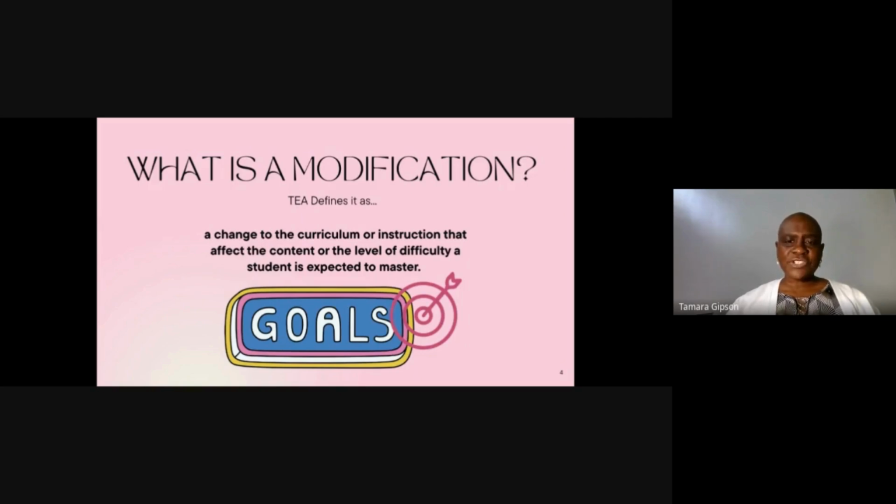That is a modification. And just for simplicity, it means that a student is not expected to achieve the same learning goals as their peers. I'll talk to you a little bit later about how that comes to be. I'm not going to go deep into it, but I am going to mention it because it warrants the conversation.